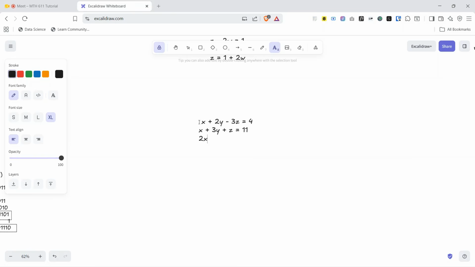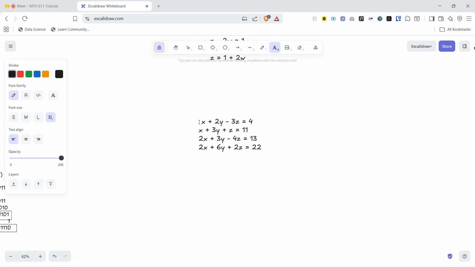Then we have 2x plus 5y minus 4z equals 13. Then 2x plus 6y plus 2z equals 22.